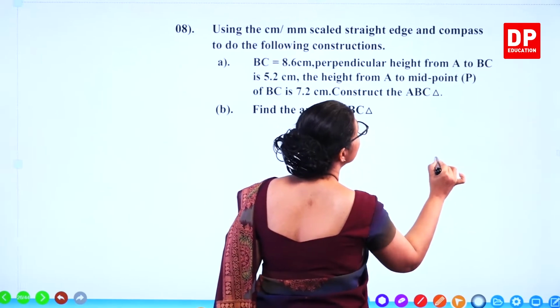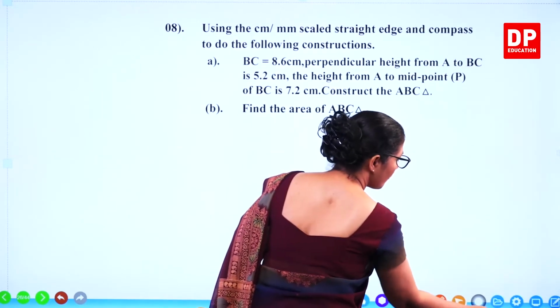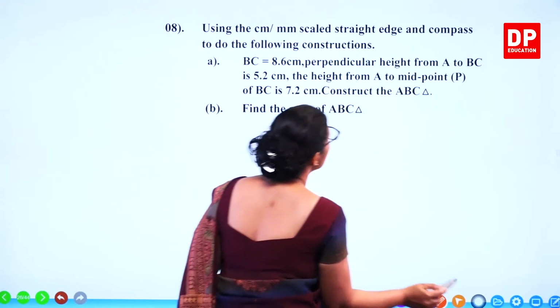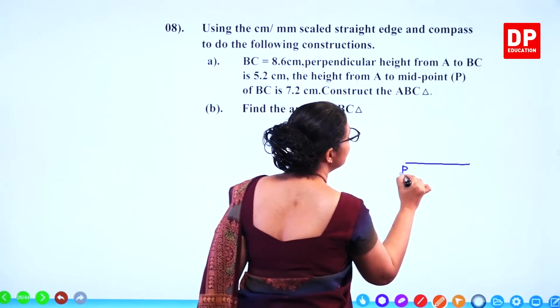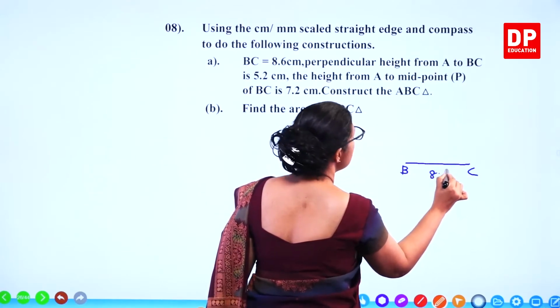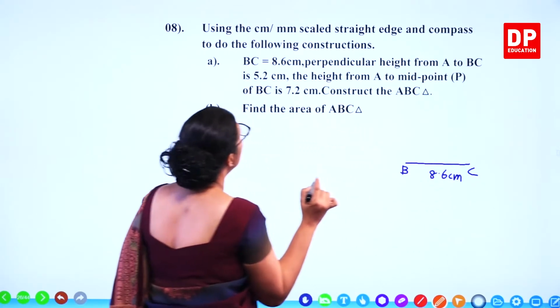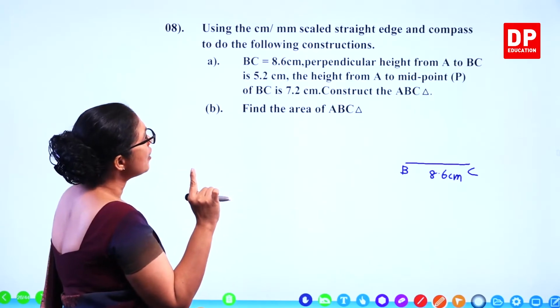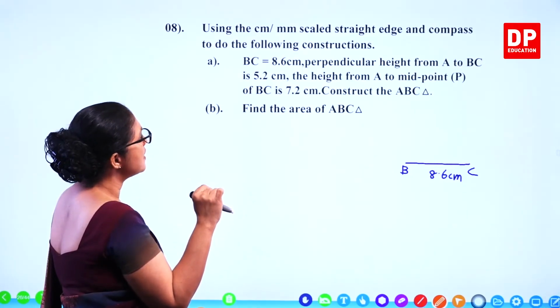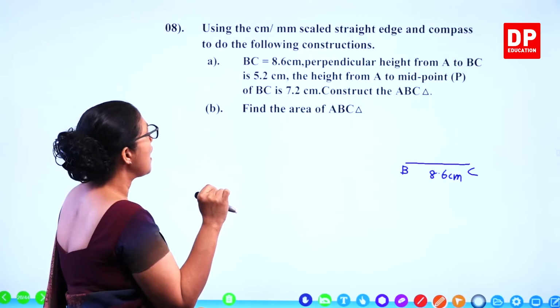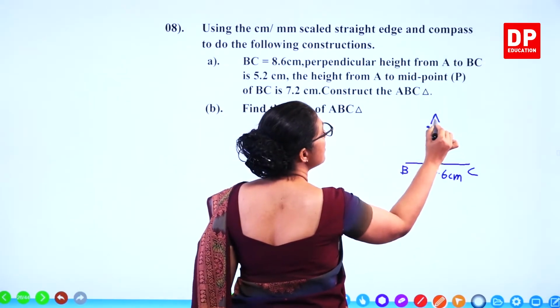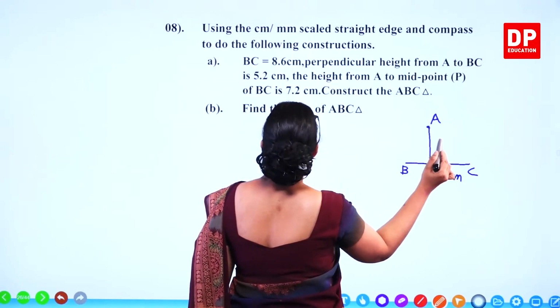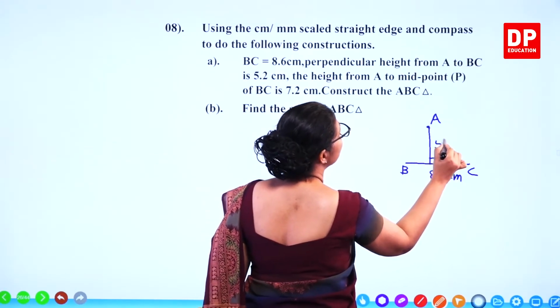BC, so we get BC 8.6, and then perpendicular height from A to BC is 5.2. So we'll take any point here A. Perpendicular height is given 5.2.